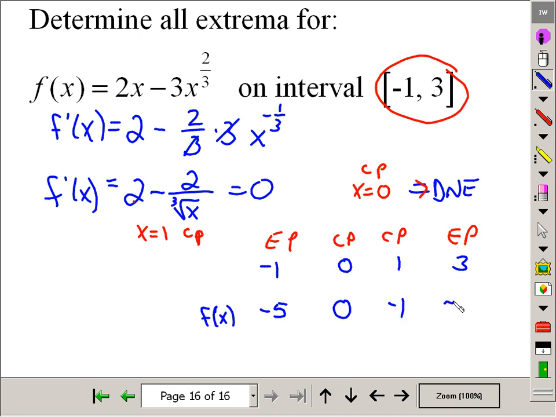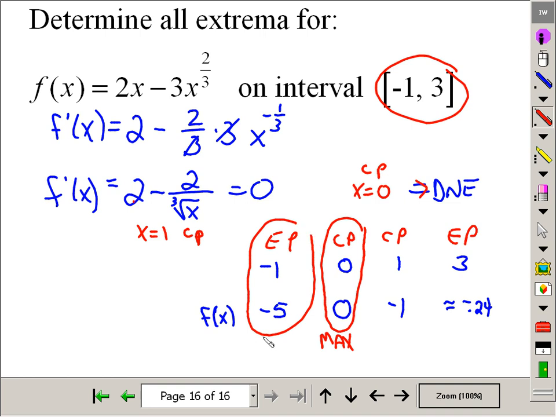When you plug 3 into here, hopefully you got something around negative 0.24. So what we have to look for here is, over this bound, what's the biggest value? This is my biggest value, so that's my maximum. This is my smallest value. That's my minimum. Easy peasy, lemon squeezy.